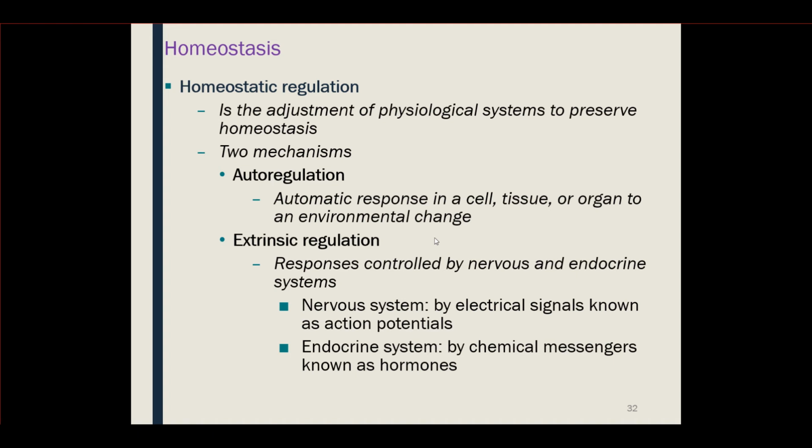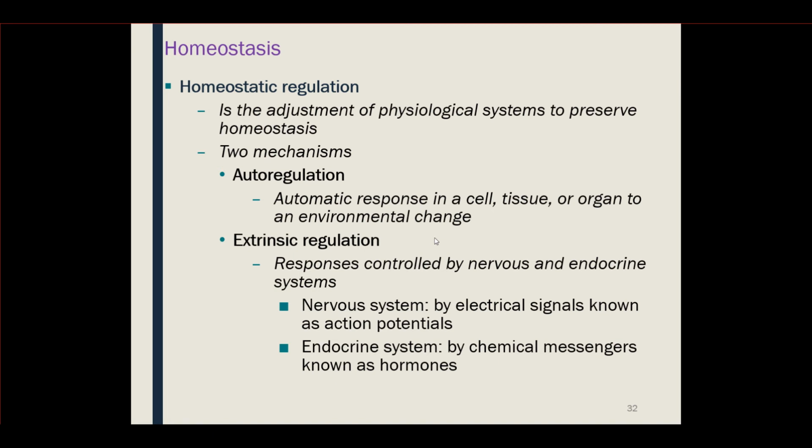The arm kind of took care of itself. So the structure, the cell, the tissue, or the organ are making the necessary corrections. That is known as autoregulation.